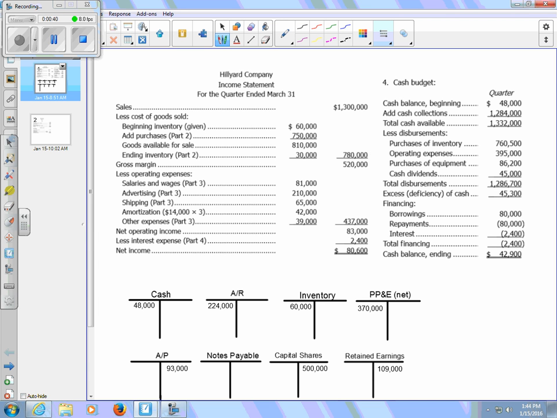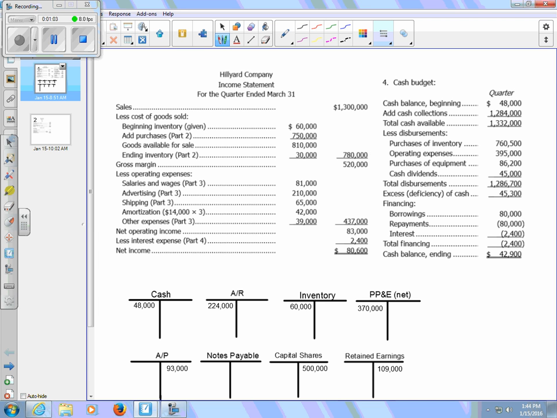All right, so the next section in the MICASA simulation is we're going to create a budget for MICASA. Remember that this is a brand new company, and the company wants a budget so that it can measure its performance to what they were expecting would happen.